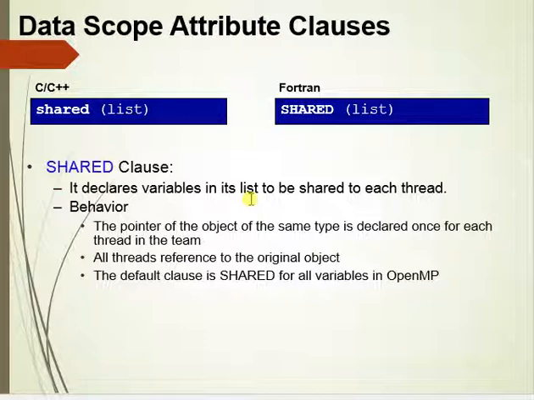The shared behavior is that a pointer to the object of the same type is declared once for each thread in the team. All threads reference the original objects. The default clause is shared for all variables in OpenMP.